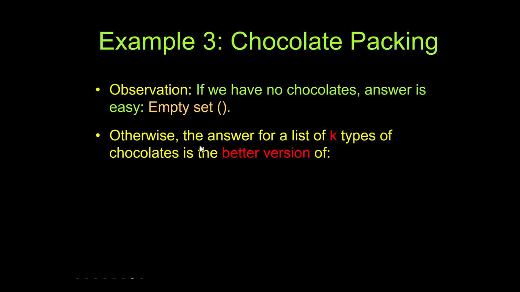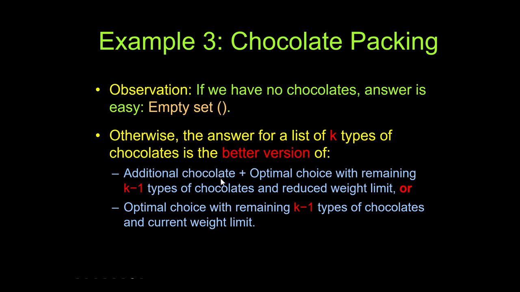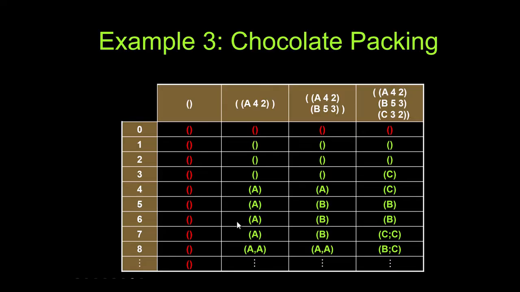As in the previous slide, the other entries are coming from these 2 options. And these 2 options help to fill in the rest of the entries here in green.